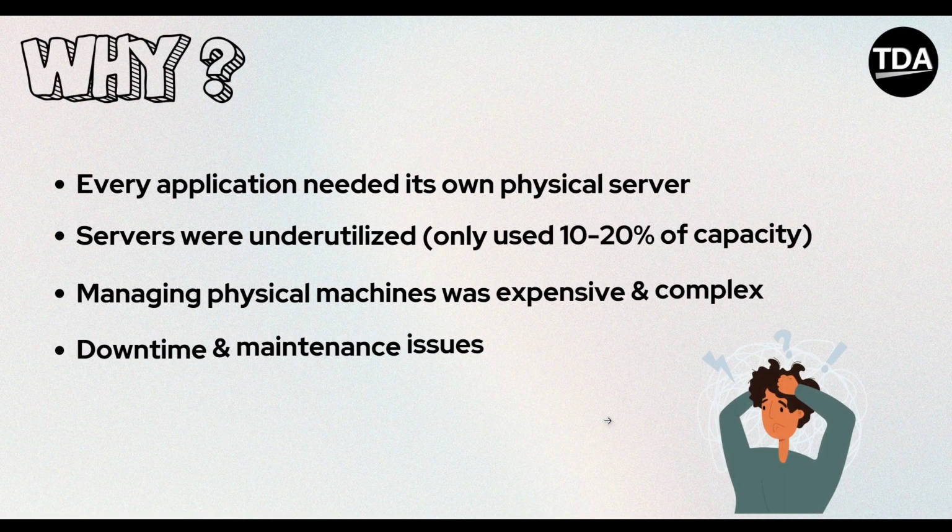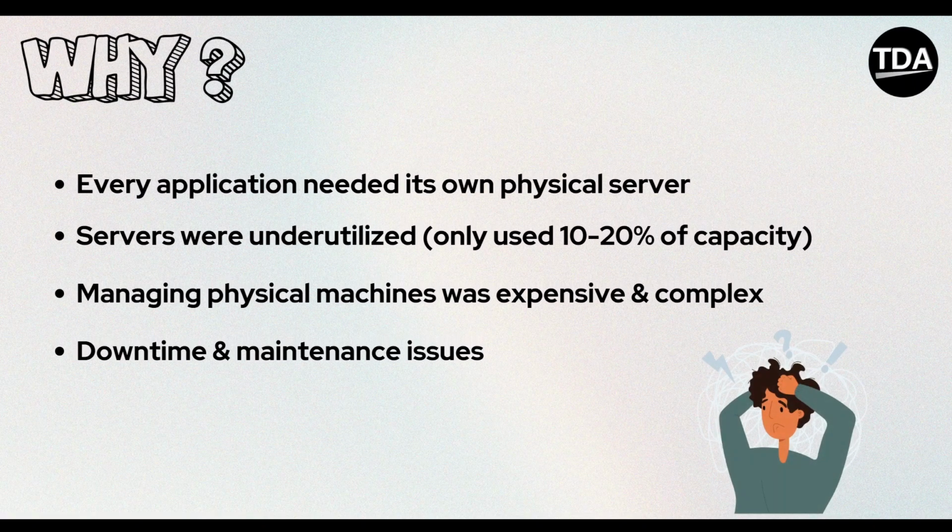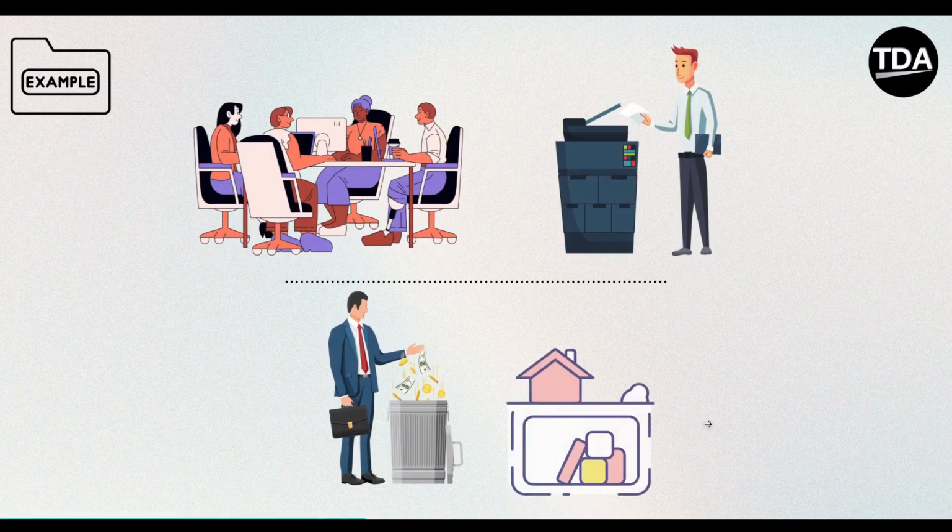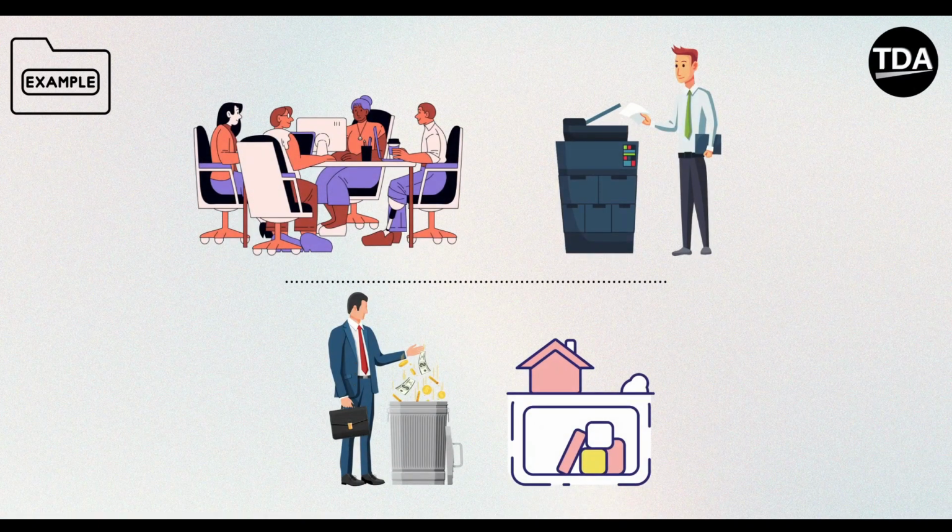For understanding the need of virtualization, first we need to see the problems people faced before virtualization. Every application needed its own physical server. Servers were underutilized, managing physical machines was expensive and complex, and there were downtime and maintenance issues. To understand this problem better, let's see a real life analogy.